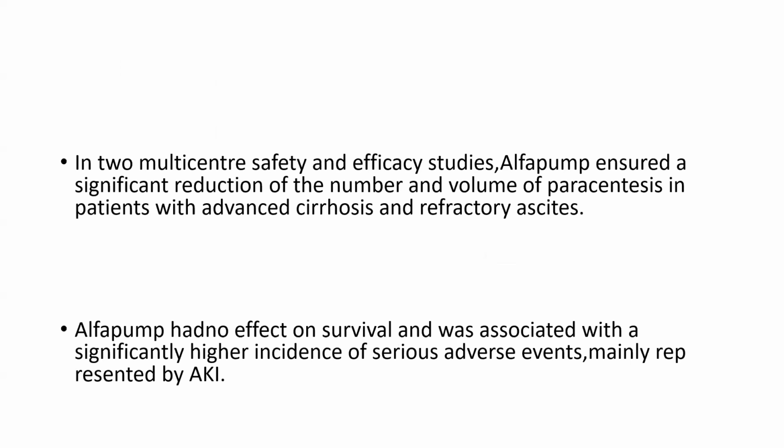Two multicenter safety and efficacy studies showed that the alpha pump ensured significant reduction of the number and volume of paracentesis in patients with advanced cirrhosis and refractory ascites. The alpha pump had no effect on survival and was associated with a significantly higher incidence of serious adverse effects, mainly represented by AKI.